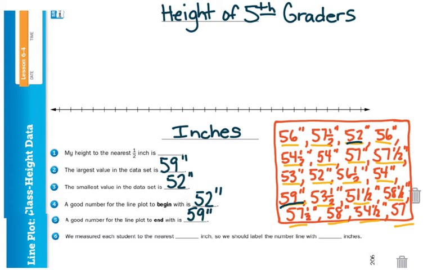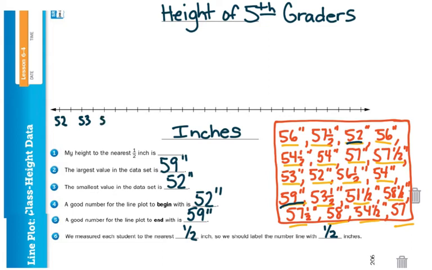We measured each student to the nearest half an inch, so we should label number lines with half an inch. So we're going to have to write fairly small. So we're going to start with 52 inches. Now, I'm not going to mark everyone in between because it's really, really small. So I am just going to mark every inch, but know that in between this one would be 52 and a half.